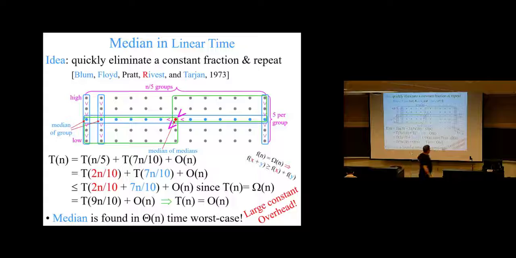Now, having said all that, let me give you a little warning here. This is highly recursive in two different directions. There's going to be overhead here. Yeah, it's linear asymptotically. But the constant is very large because of all this recursion and overhead and repartitioning and repivoting and then recursing over and over again, because you're computing medians over and over just to compute that one median that you're really looking for.